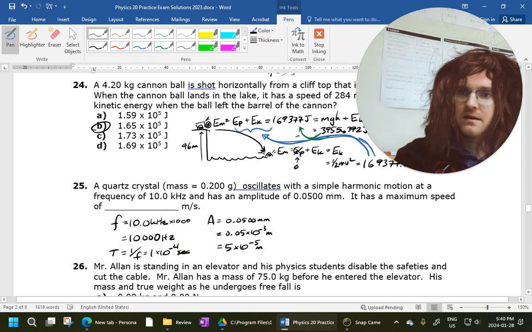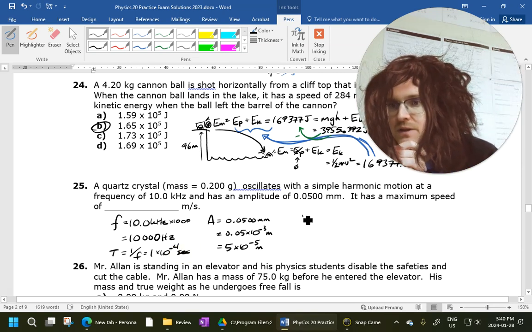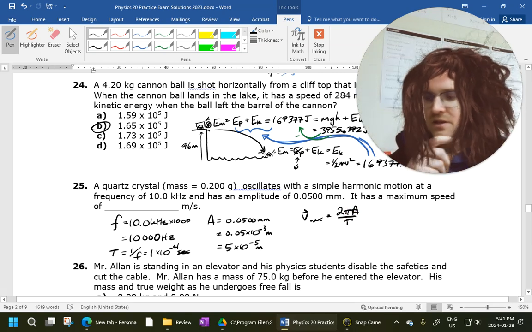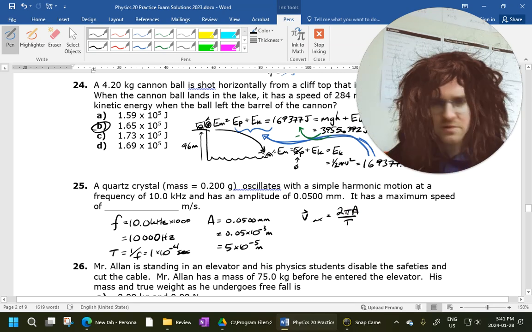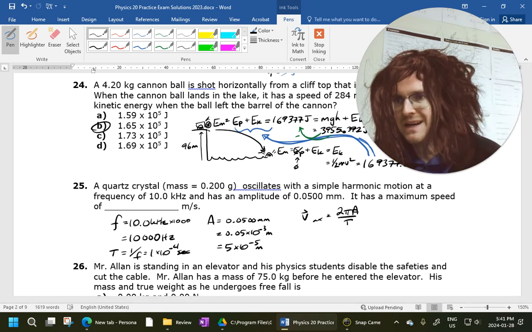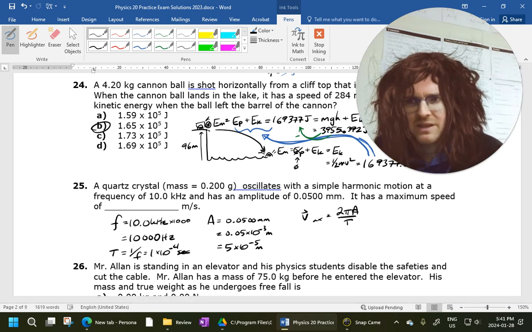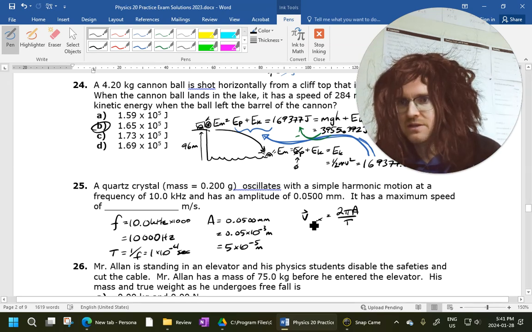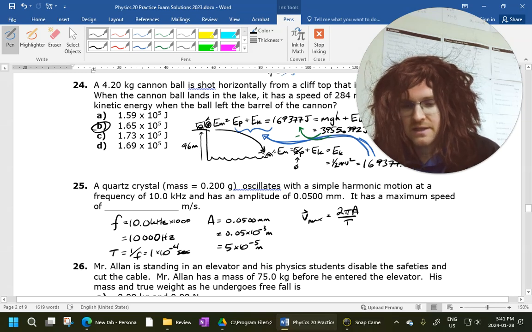Okay. And then we have to find our max speed formula. One of our max speed formulas says that I can take 2 pi a divided by my period. Oscillatory motion and circular motion are very closely related, because 2 pi r is the circumference of a circle, and 2 pi a is just relating this back and forth motion of an oscillating crystal to a circle, which is kind of weird, but it works out.